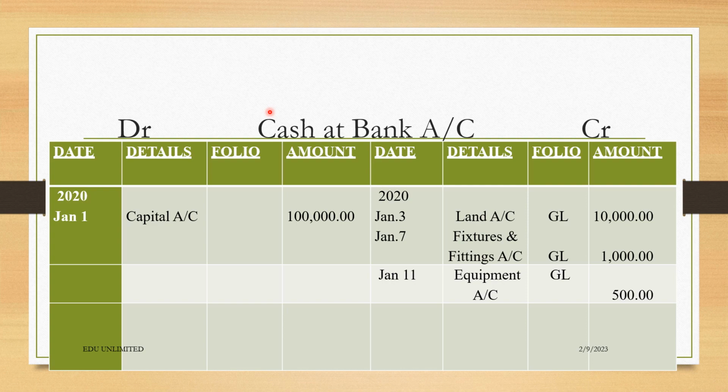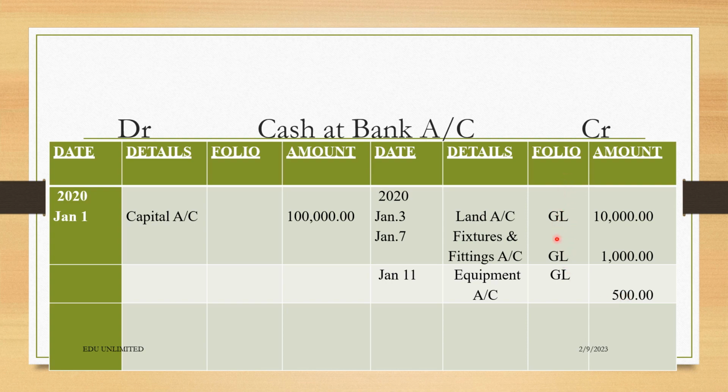The cash at bank account includes a number of entries. On January 1, capital account was $100,000 being on the debit side, because to increase an asset we debit. But on January 3, January 7, and January 11, we credited the account, because all of these were taken from the bank account. Land was purchased for $10,000, fixtures and fittings was purchased for $1,000, and equipment was purchased for $500.